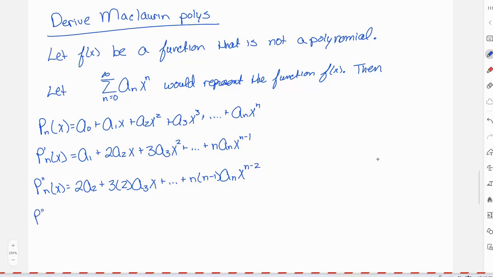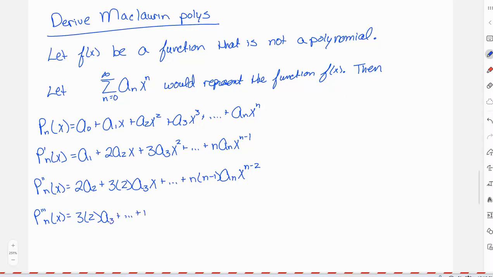And let's find a third derivative. The derivative of 2a sub 2 is going to be 0. The derivative of the x term is going to be 3 times 2 times a sub 3.